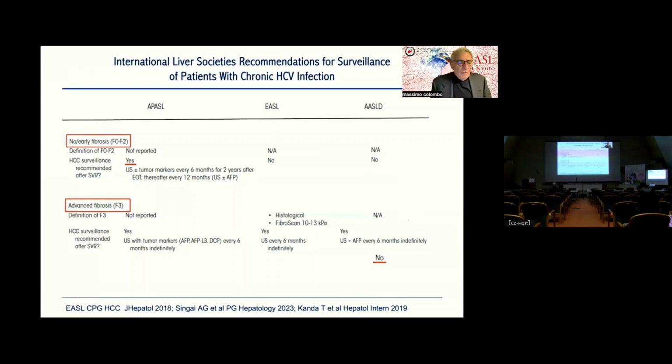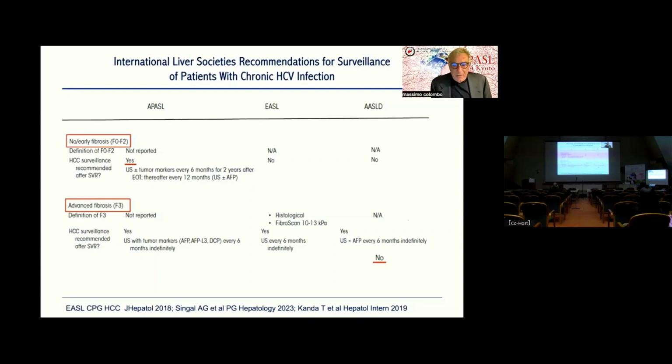Screening is performed as usual with ultrasound every 6 months. APASL wants to use also the whole panel of tumor markers, AFP, AFP-L3, DCP, EASL just ultrasound, AASLD a combination of ultrasound plus alpha-fetoprotein.